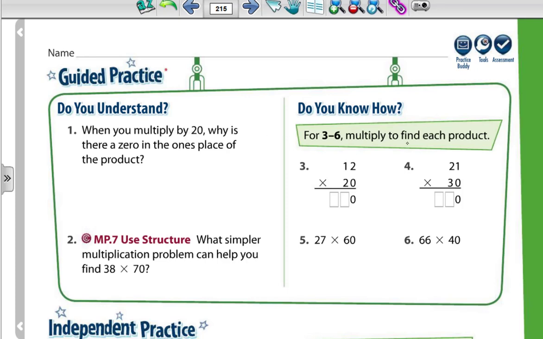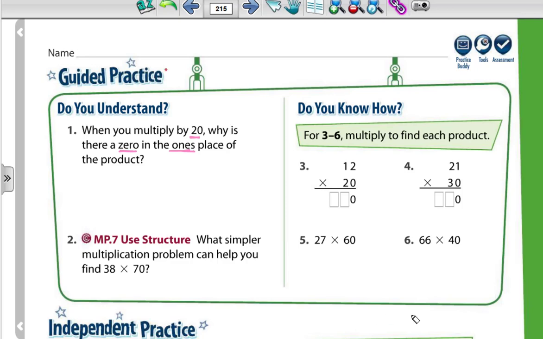When you multiply by 20, why is there a 0 in ones place of the product? Now we know that when you multiply by 20, you should multiply by 2, and after that you put the 0. Why do we put the 0? This is the question. Why do we have 0 in ones?